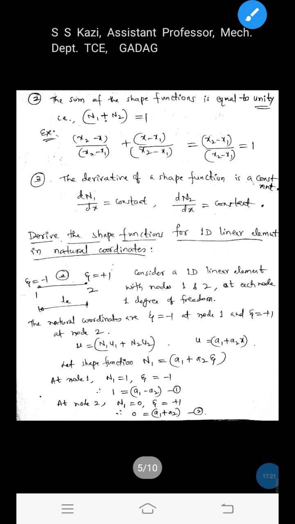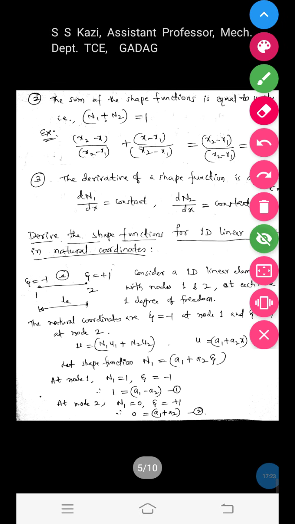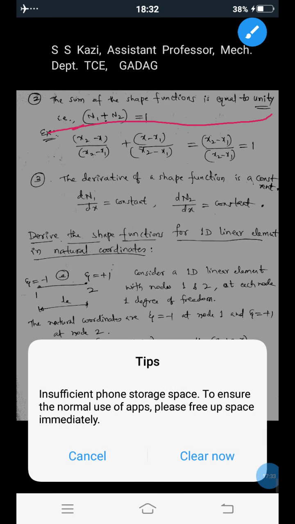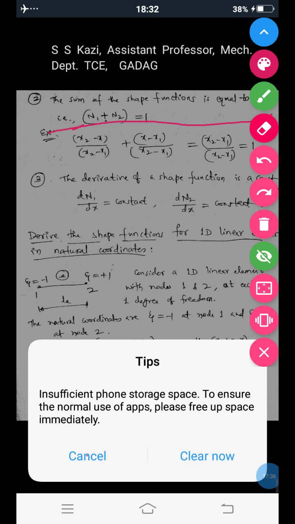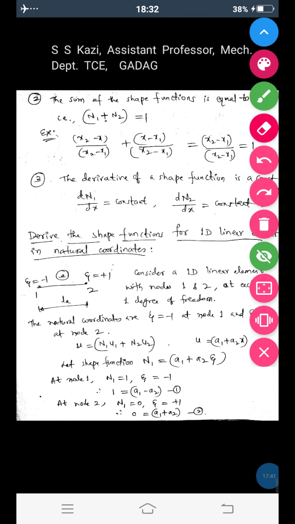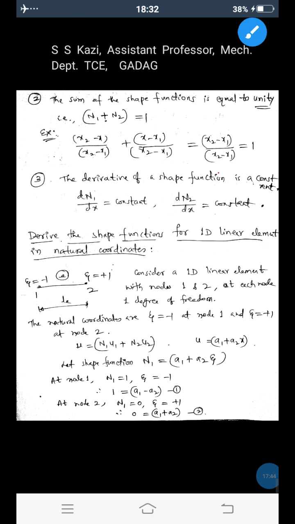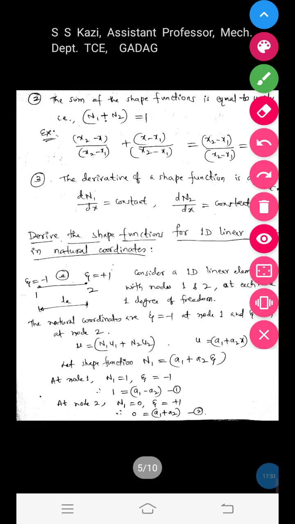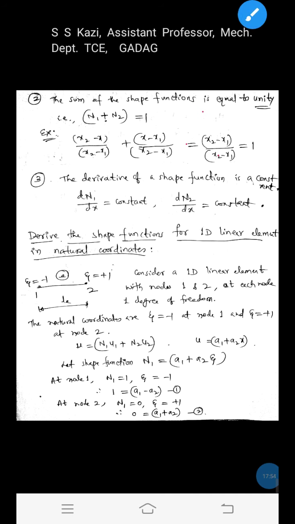Okay, the second property of the shape function, what does it say? The sum of the shape functions is always unity. The sum of the shape functions for the element is always unity. For the one dimensional linear element, N1 plus N2 is equal to 1.